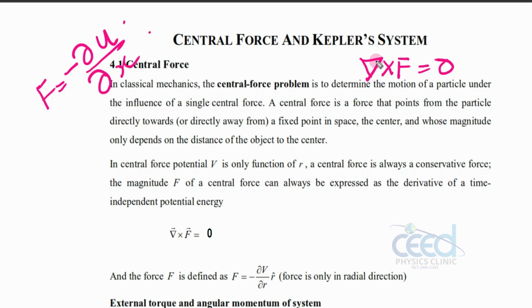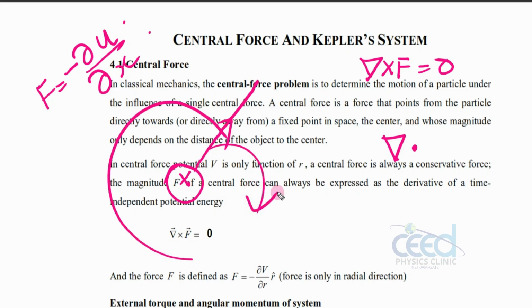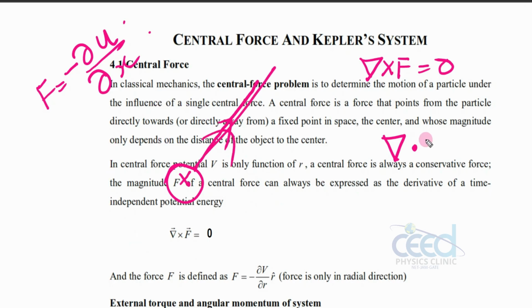Suppose divergence means, suppose you consider a positive charge, the electric field is always diverging away from it, okay? It is not rotating like this, right? The electric field is always diverging, so divergence of electric field is not equal to 0.